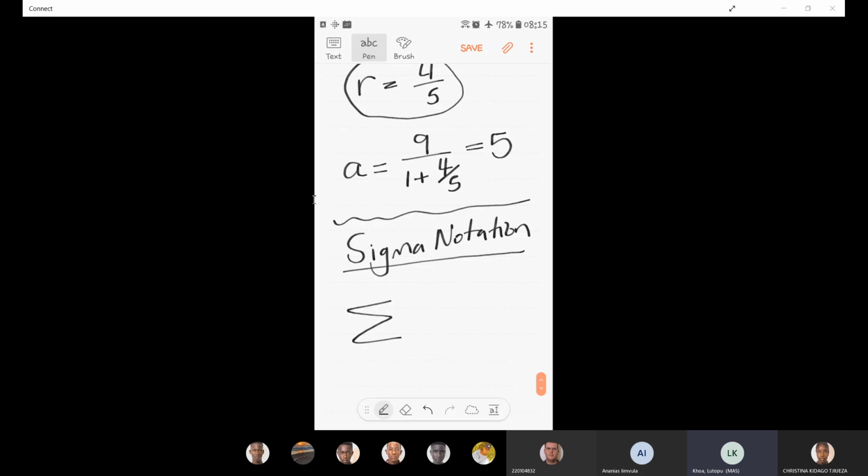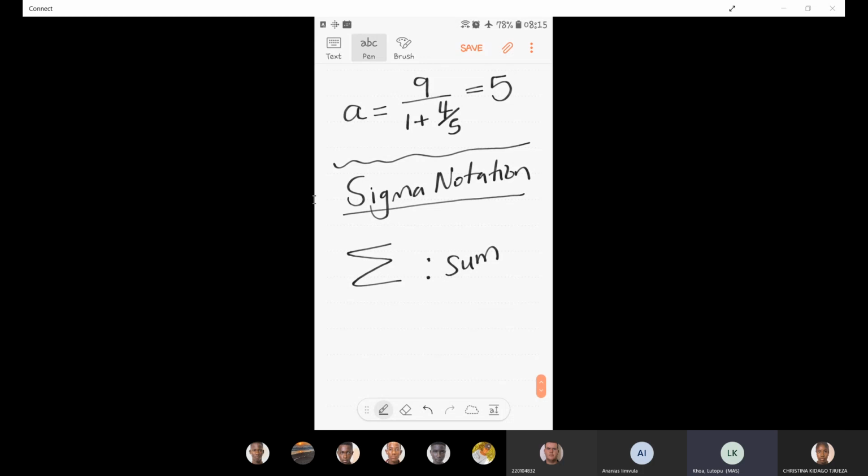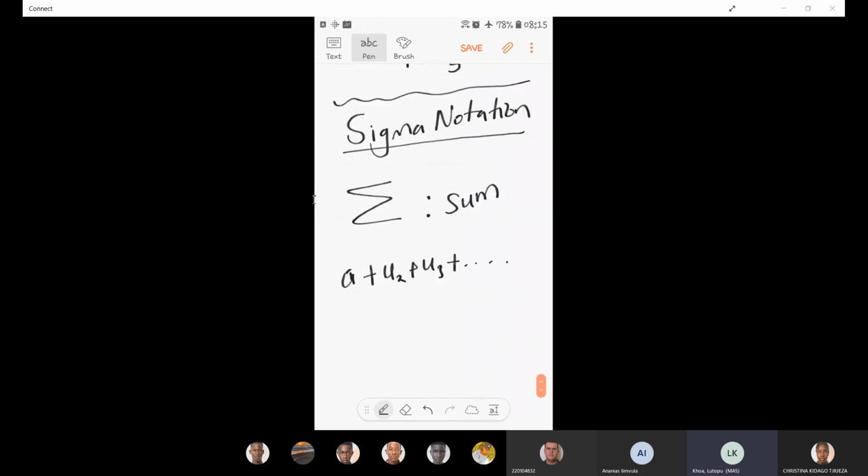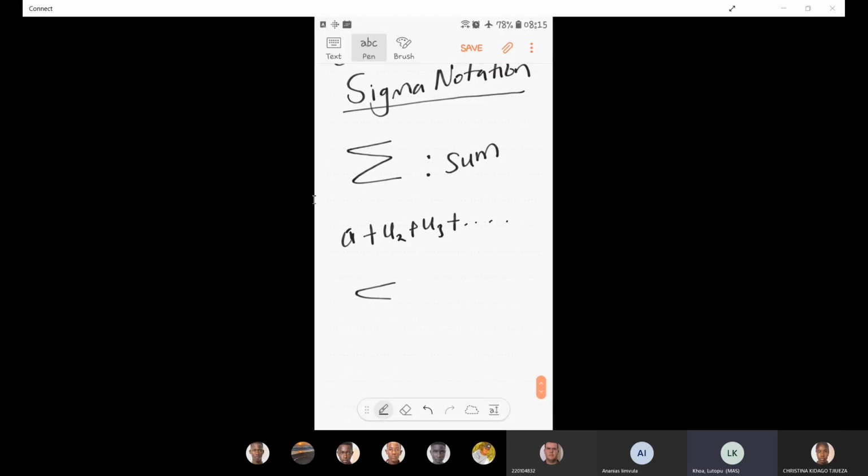Sigma is a Greek letter and we use it to denote a sum. So instead of writing U1 plus U2 plus U3, instead of writing this long sum, we can shorten it by using sigma, because sigma means a sum.